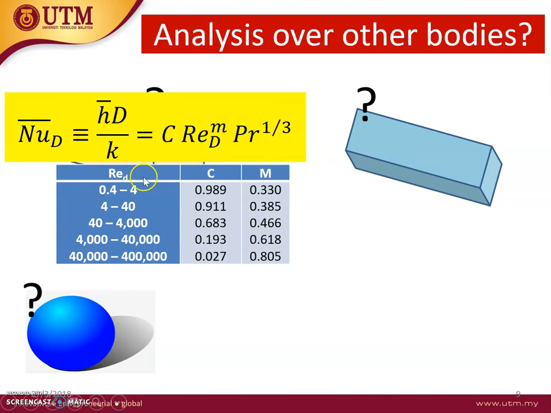You need to determine the Reynolds number as before, but this time based on hydrodynamic diameter, not the length anymore. Yes, see subscript D here. For a circular cylinder, the hydrodynamic diameter is the diameter of the cylinder. So the C and the index m may be obtained from the table under which condition the flow is.